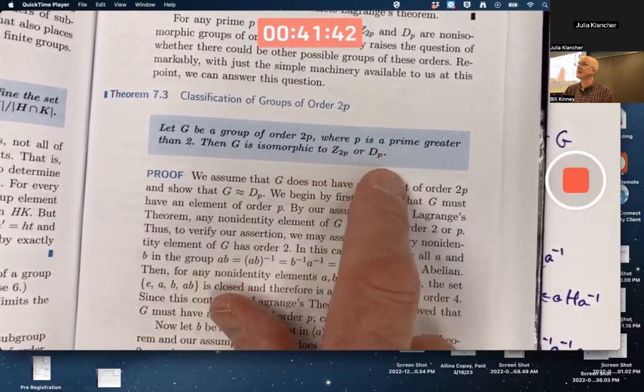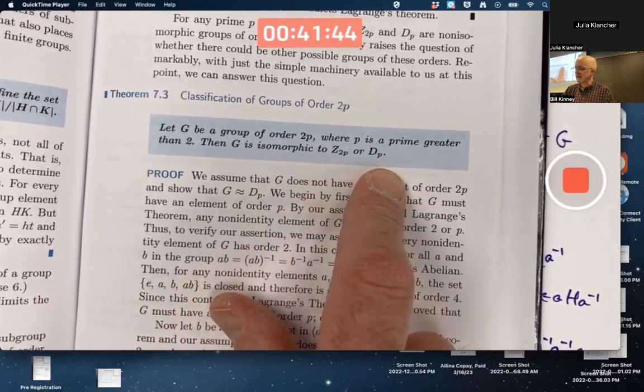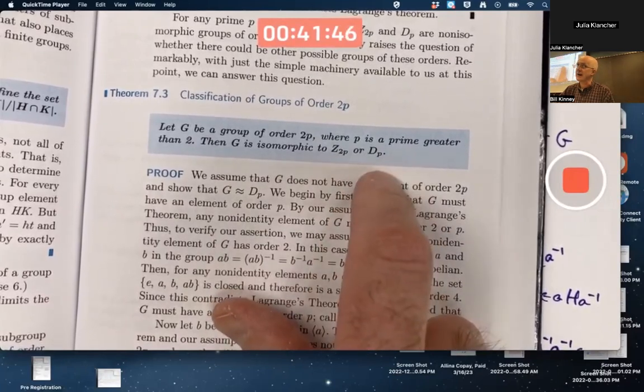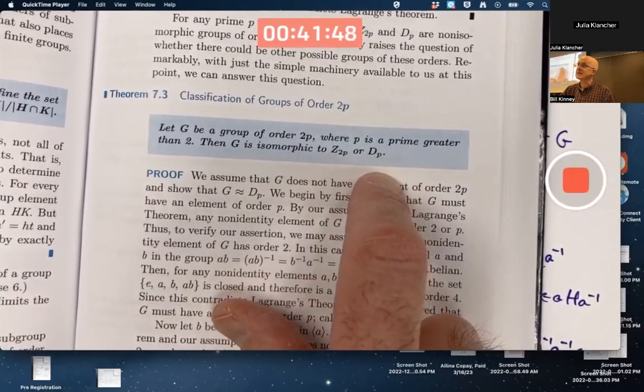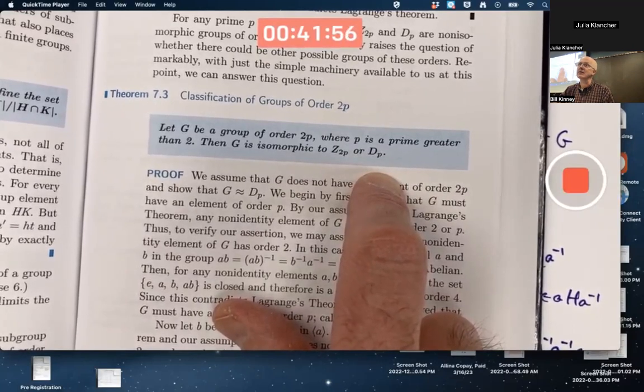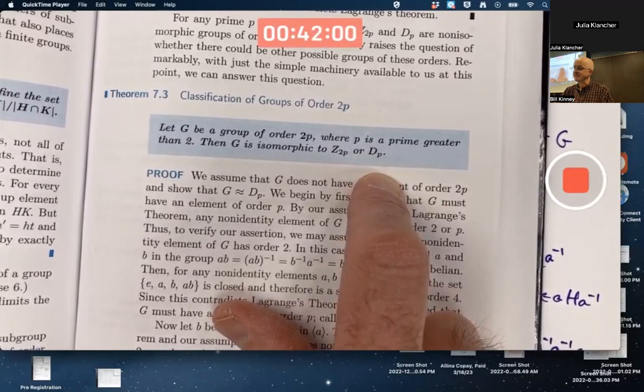The subscript there is not a 2p, it's just a p, but it's got order 2p, right? Because it's the symmetries of a regular p-gon with p sides to it, which would include p rotations and then p reflections. So it's got 2p elements.